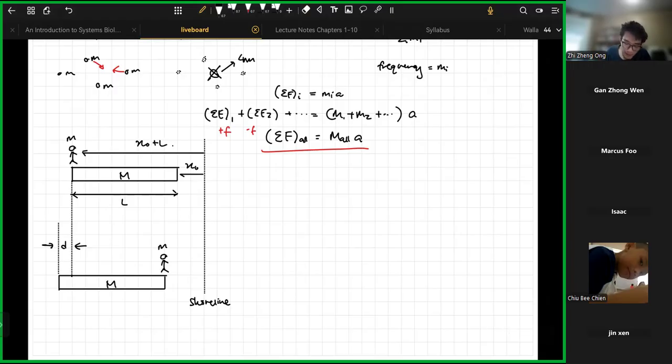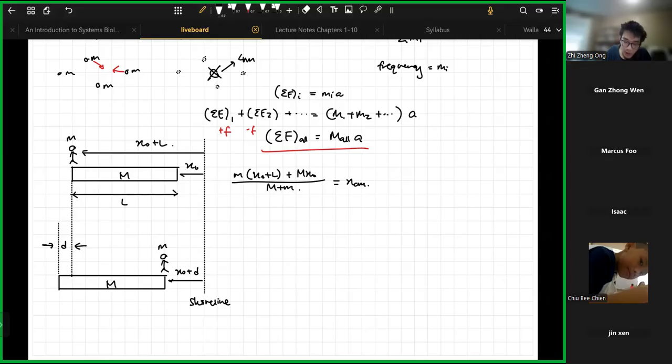So the center of mass would be at a place where it's big M plus small m over big M plus small m. After the move, this is going to be x naught plus d.